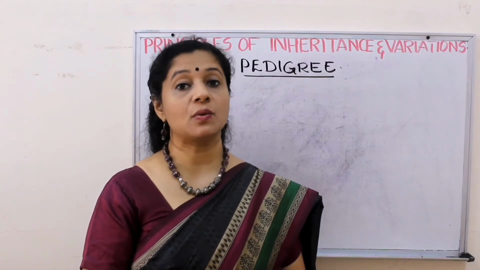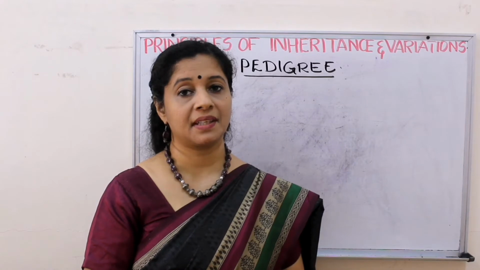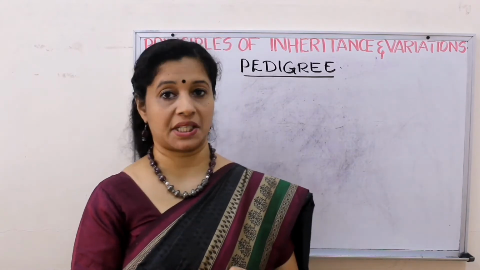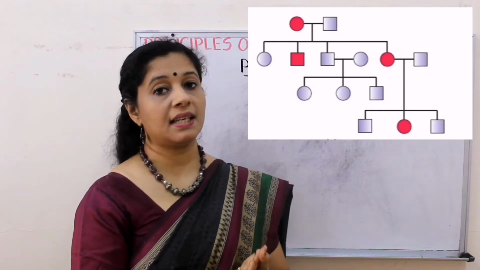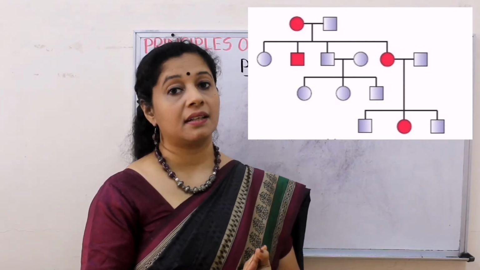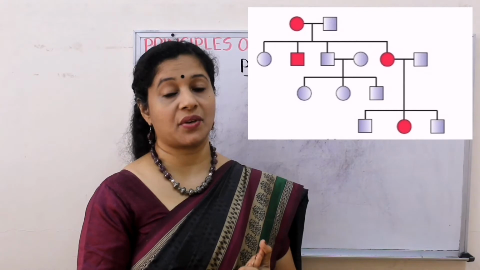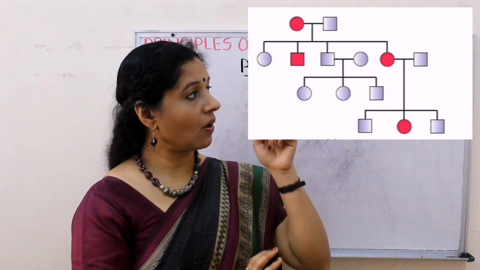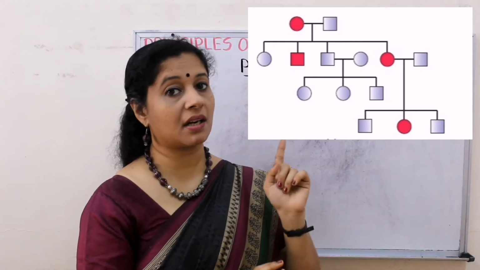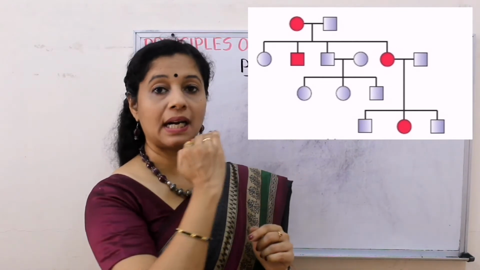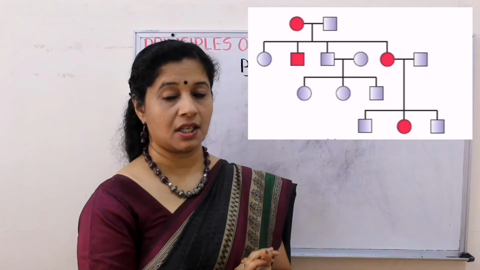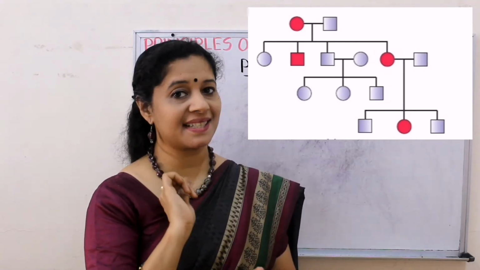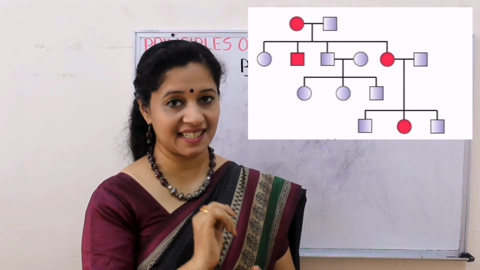So what are the main clues for solving the pedigree? To find out an autosomal dominant or recessive trait. Here you can see a particular pedigree analysis chart in which all the generations are marked with the Roman letters. So one line indicates one generation. So look at each generation. At least one member is affected, right?